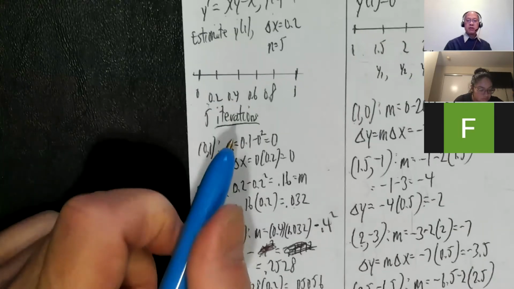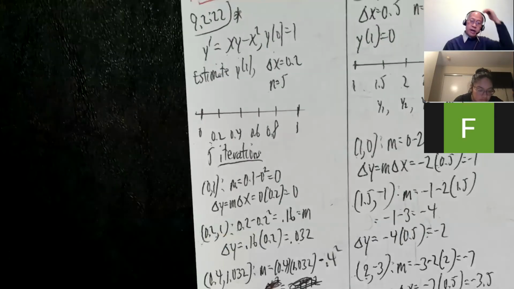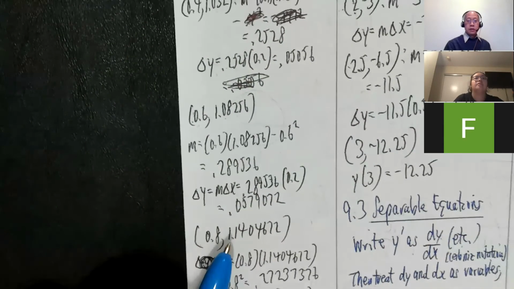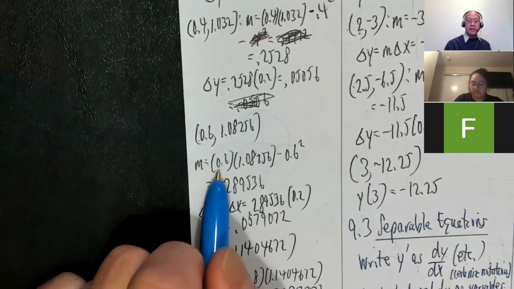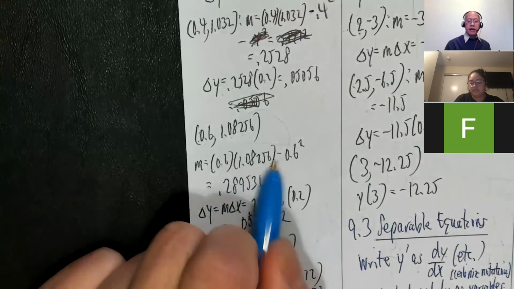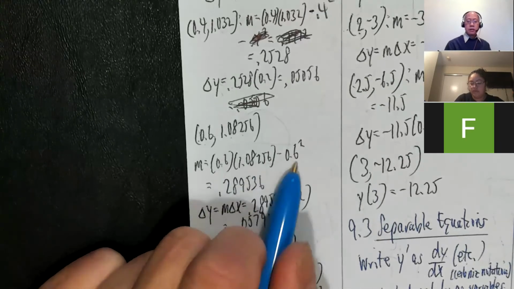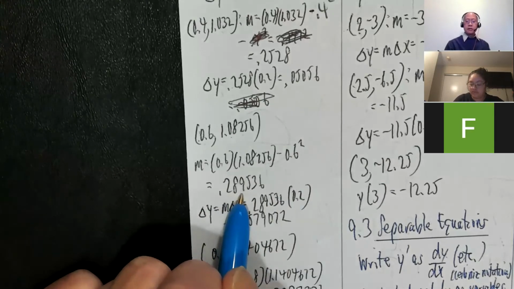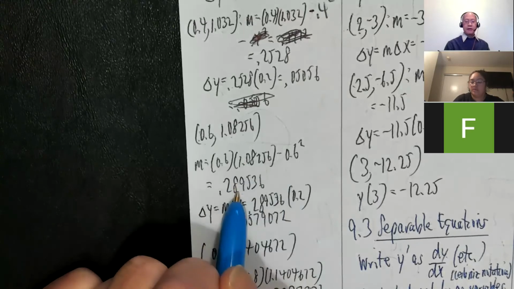So m is equal to, plug in x times y minus x squared. Punch it in the machine, 0.289536. Okay, I'll save time, I've already done it. That's what you get.